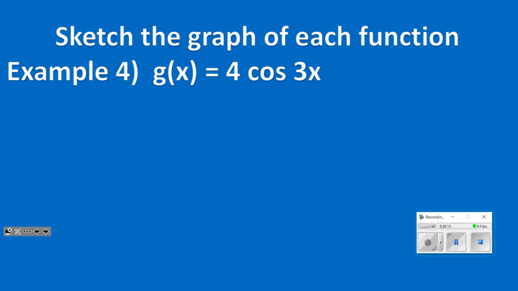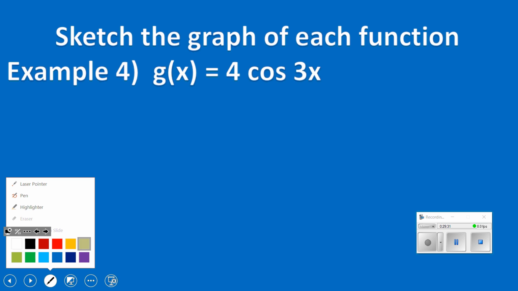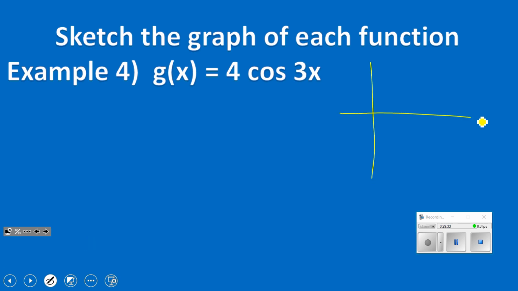Let's take a look at example 4. Okay. These numbers mean something. Let's talk about, first of all, what the basic looks like, because I want you to refer it back to the basic. Okay. So the basic function, if I graphed it, maybe I should graph it over here. We know the basic y equals cosine of x goes up to 1 and down to 1, right?